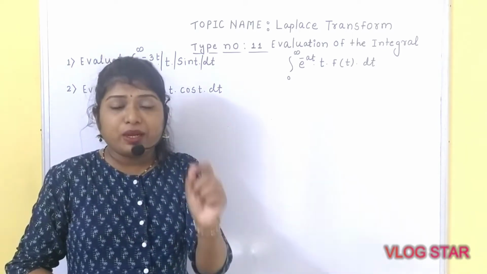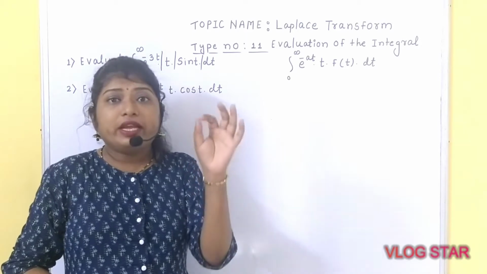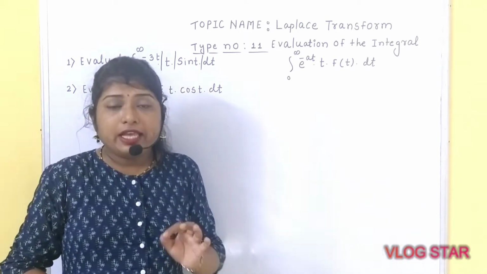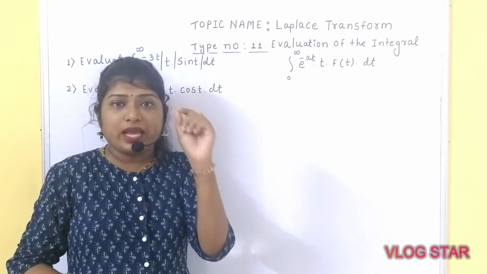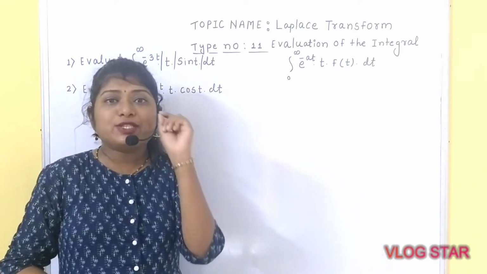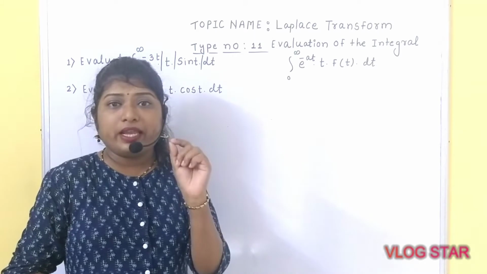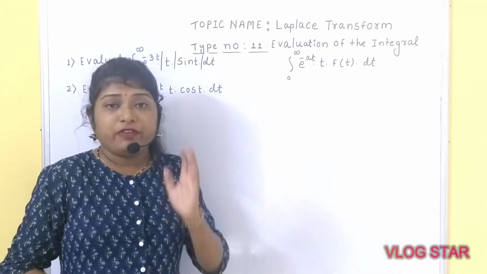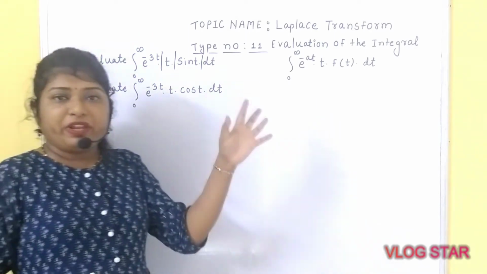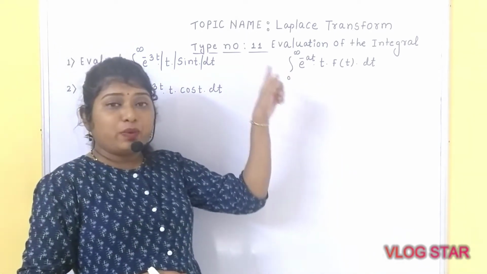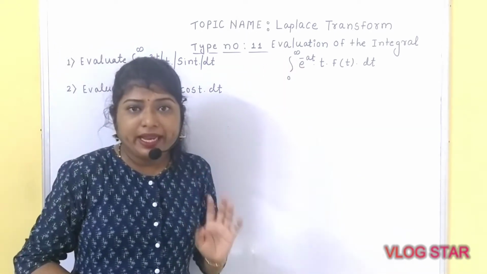If you need to calculate Laplace of t into f of t, which formula do you need to apply? Minus 1 raised to n into d raised to n upon ds raised to n into phi of s, if you remember. For that, please go through the previous video to understand the effect of multiplication by t.